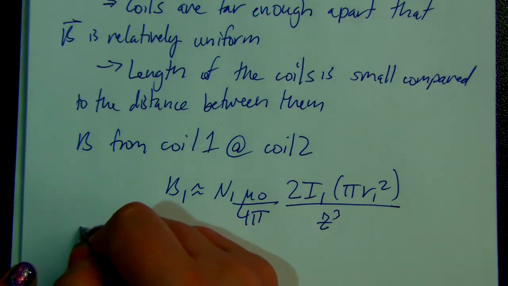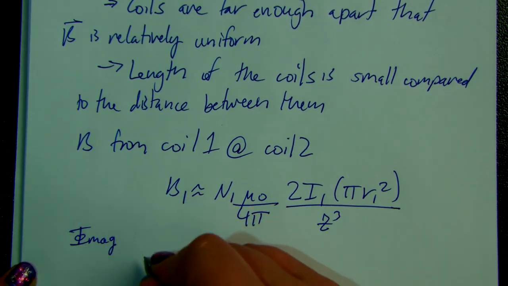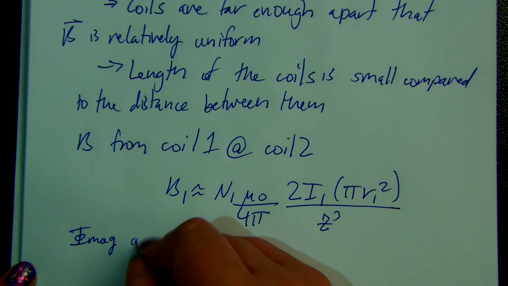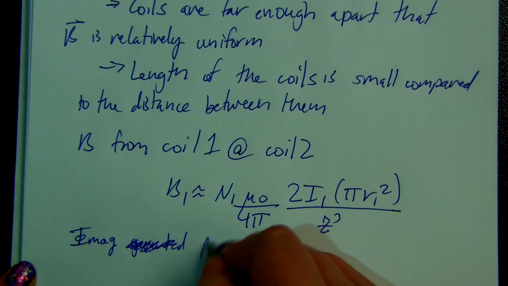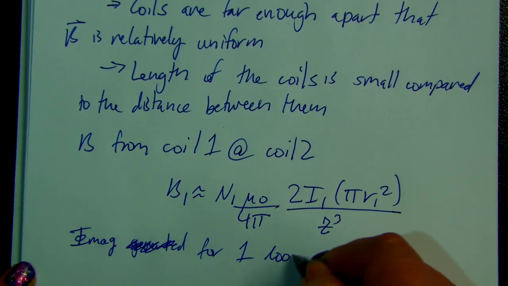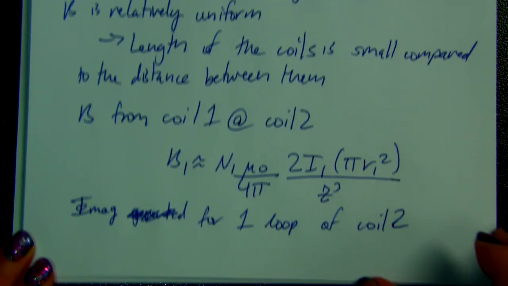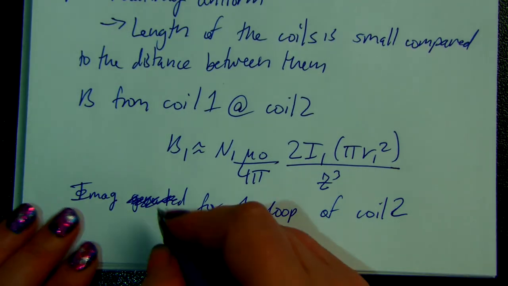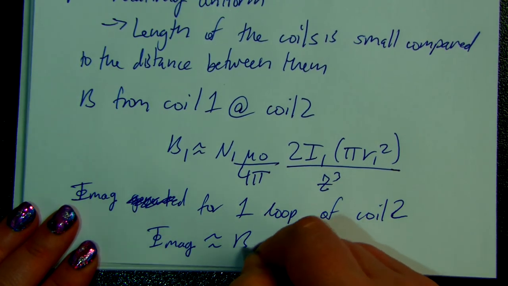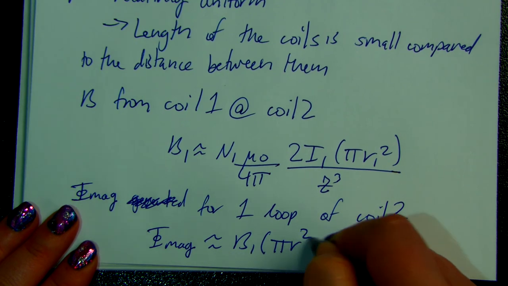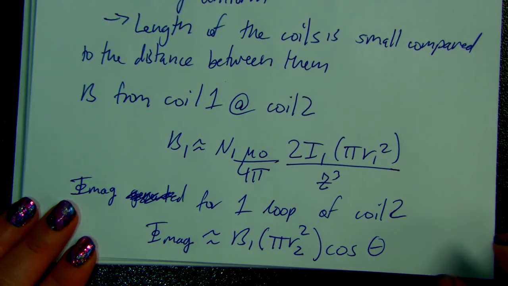So the magnetic flux generated for one loop of coil 2 is approximately B1 pi R2 squared times cosine of theta.